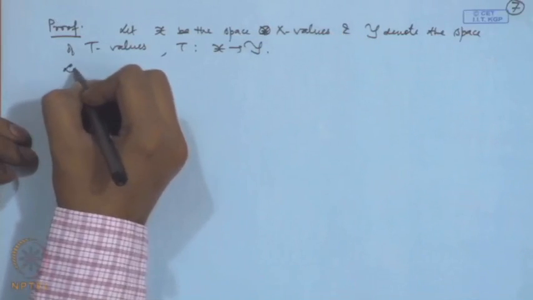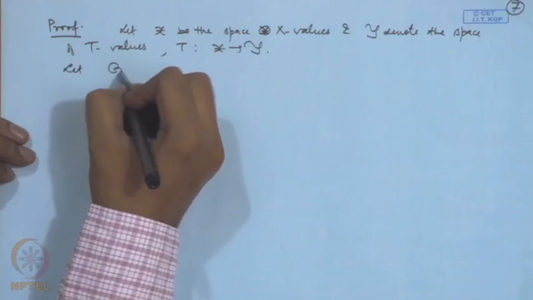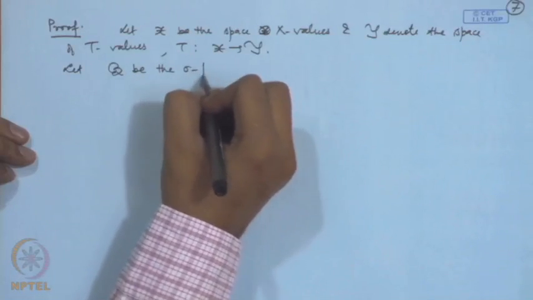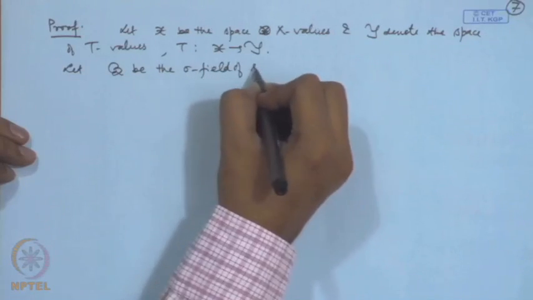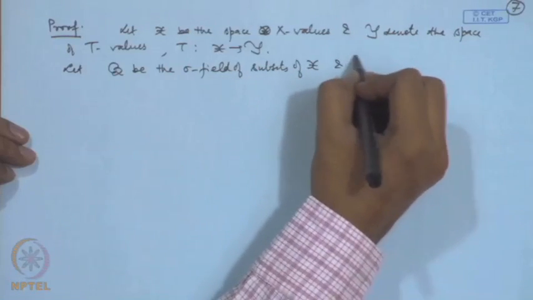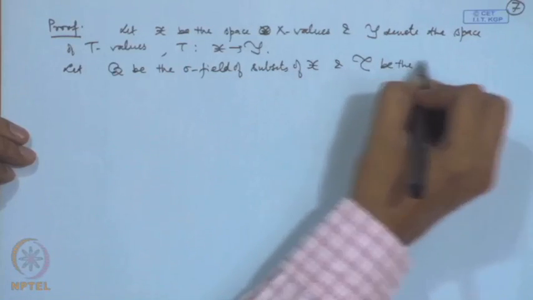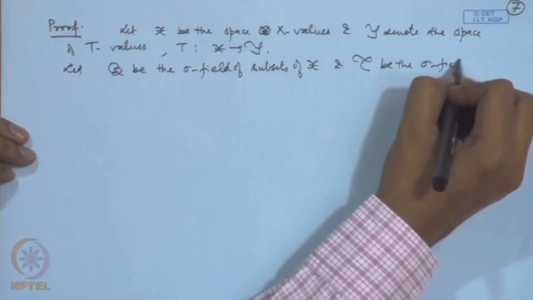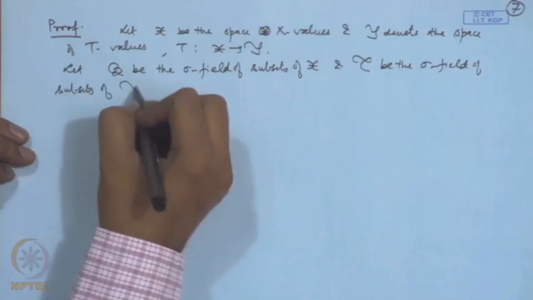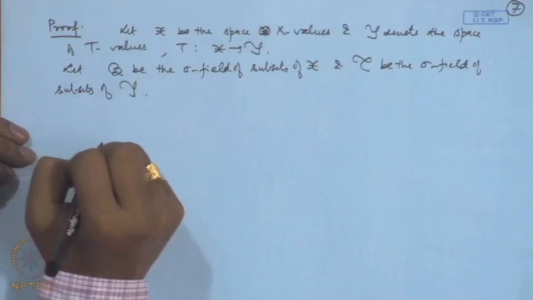So, let us use some notation: say script B be the sigma field of subsets of X and say script C be the sigma field of subsets of Y, which we are considering here.